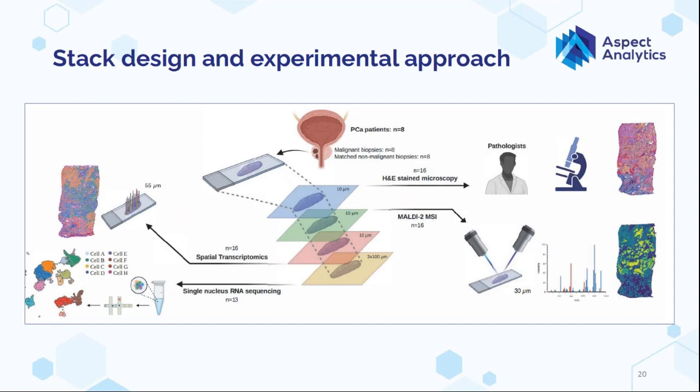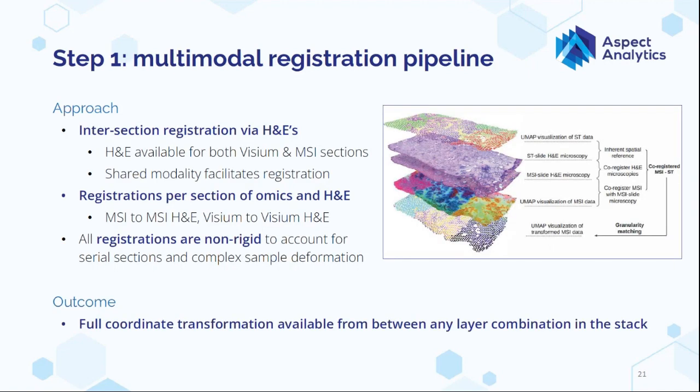As discussed in the previous slide as well, we started from a stack of 4 tissue sections per sample. One was used for regular histology, one for multi-imaging, one for spatial transcriptomics, and one for single nuclei RNA-seq. The first step here is to go to a common coordinate system, which is done through a series of image registrations, where we have to co-register across sections, which we did via H&E images that were available for every section.